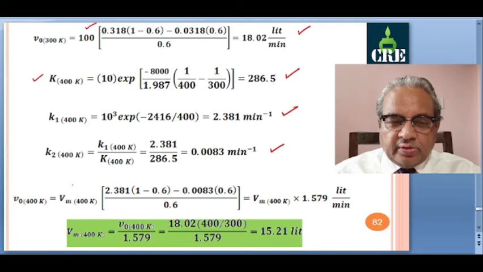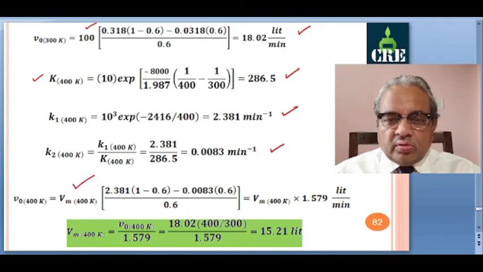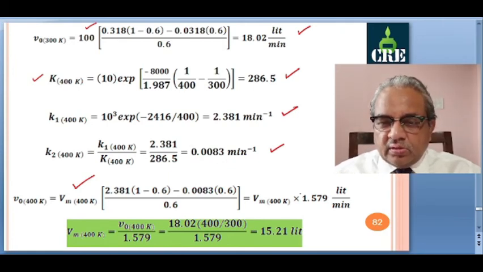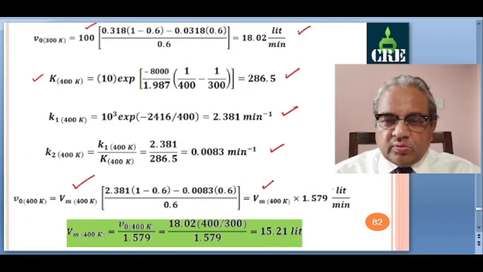So we can write Vm at 400, this is unknown. K1 at 400, 2.381. Same conversion 60%. Minus K2 is 0.0083 times 0.6. So what we get is Vm, which is our unknown, multiplied by 1.579.